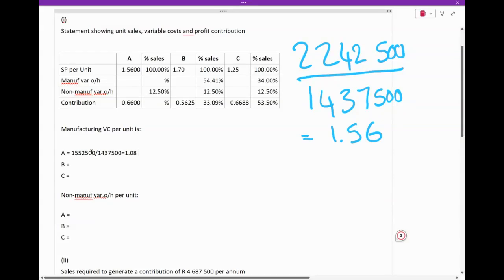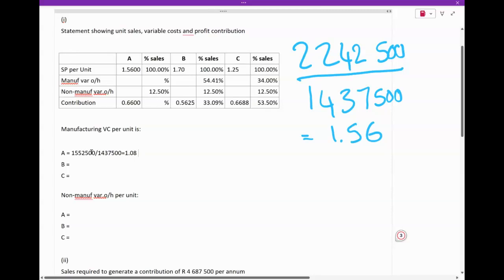So in other words, your manufacturing overhead per unit is 1 rand and 8 cents, okay? But remember they told us that there is a fixed manufacturing overhead that's absorbed at 0.375 cents. So what must we do with that?